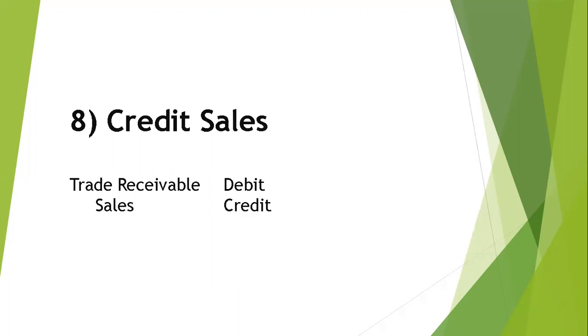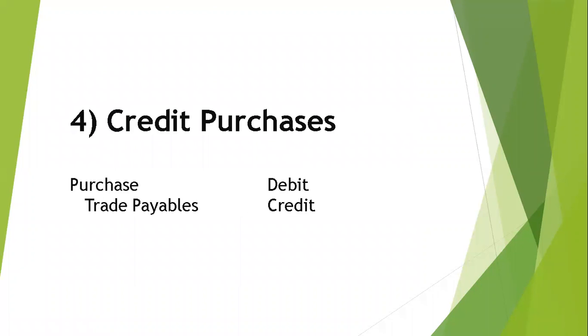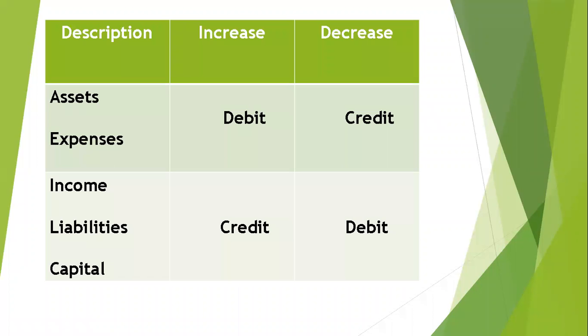Trade receivable is an asset. When I'm selling to trade receivables, on credit, the trade receivable asset is going to increase. At the same time, sales is also going to increase. So when there is an increase in the asset, we will debit the entry.